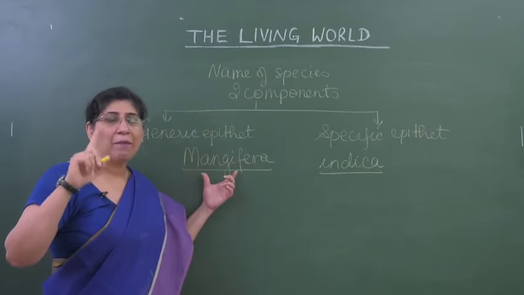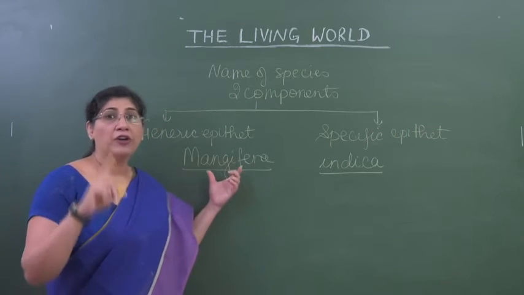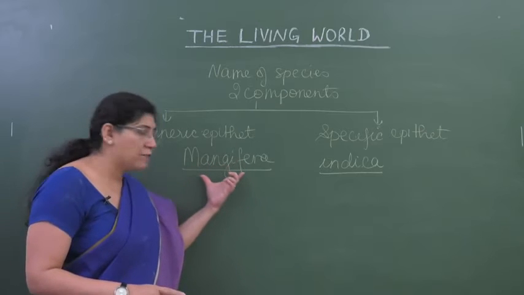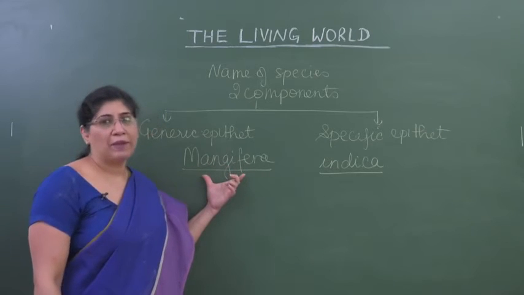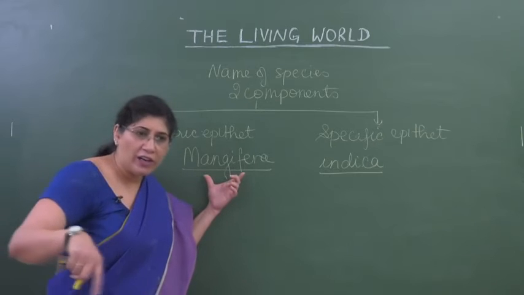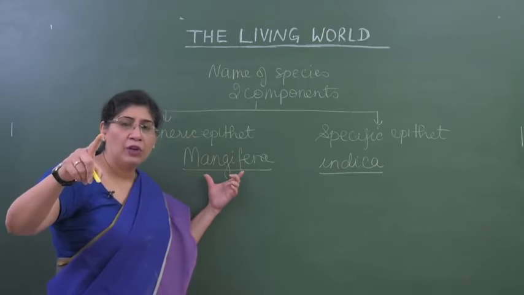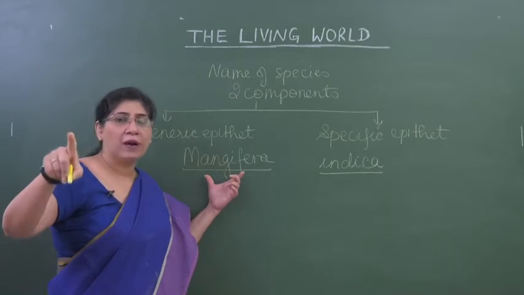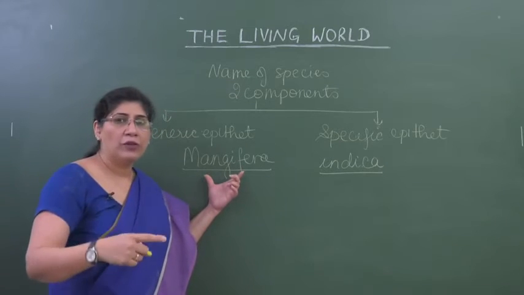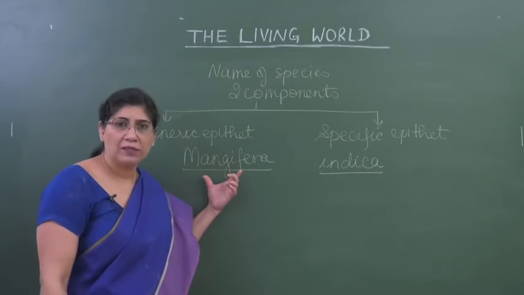A specific epithet is like your first name and your surname is being represented by the generic epithet. So in your family, in your clan, all of you have the same surname. So if your surname is Sharma and I come to your house and say Mr. Sharma, there may be 4 Mr. Sharmas.